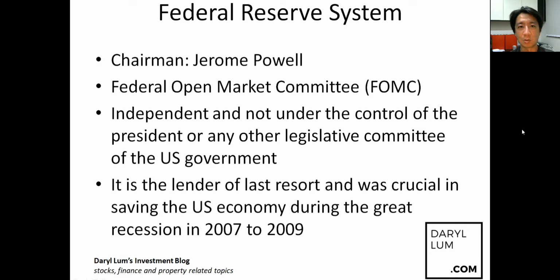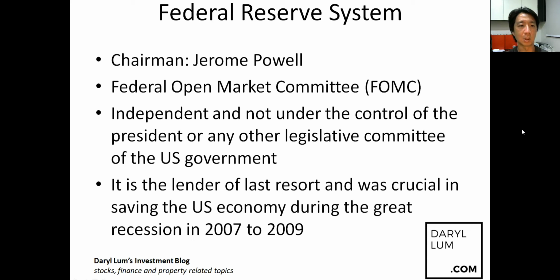Okay, so one thing to note is that the Federal Reserve, or the Fed, is actually independent, so it's not under the control of the President of the United States of America or any other legislative committee of the US government. There's a fixed term that the Fed chairman will serve, and just because there's a change in the president doesn't mean that the president can change the chairman of the Fed.